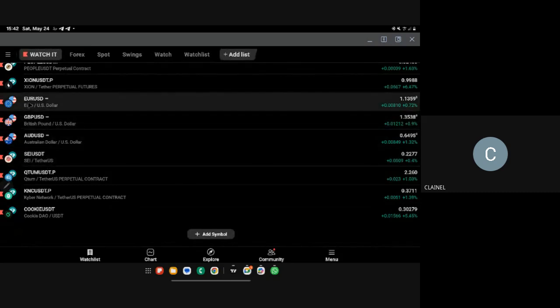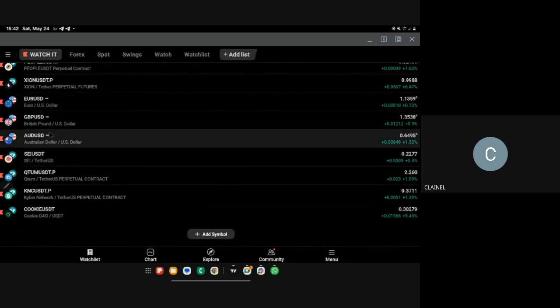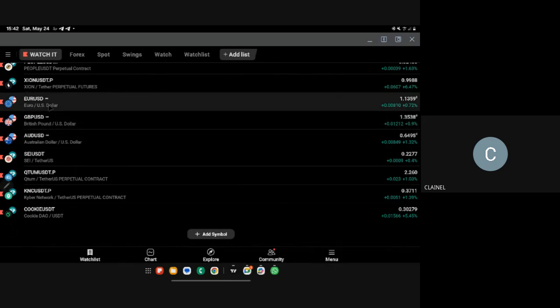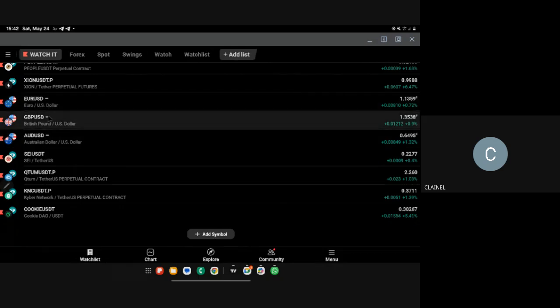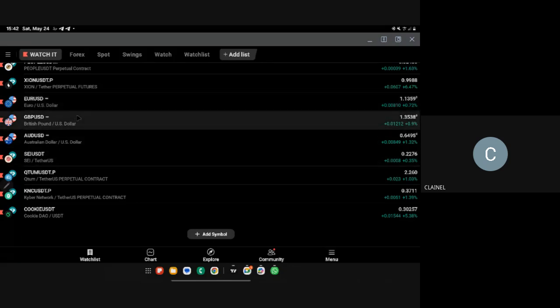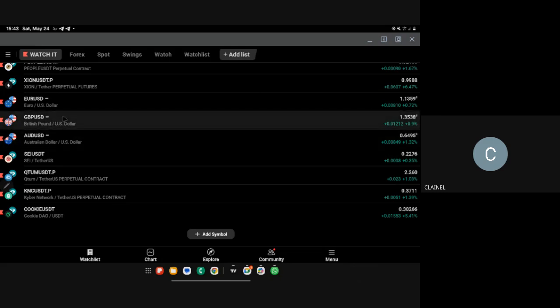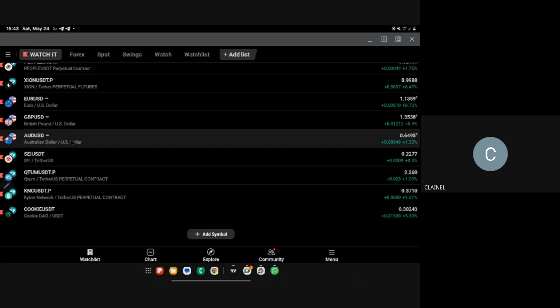Here, you can see the pairs. I named it under currency pairs because when you're trading Forex, they are called currency pairs. We have the USD pairs, which can be EUR/USD, GBP/USD, AUD/USD, GBP representing British pounds, EUR representing Euro, and AUD representing Australian dollar.